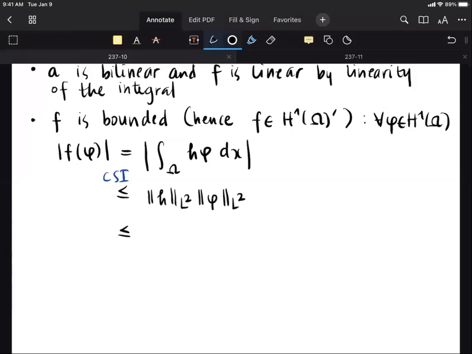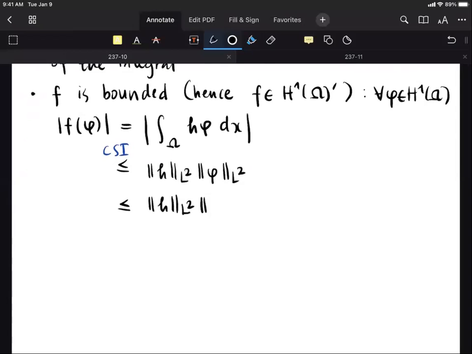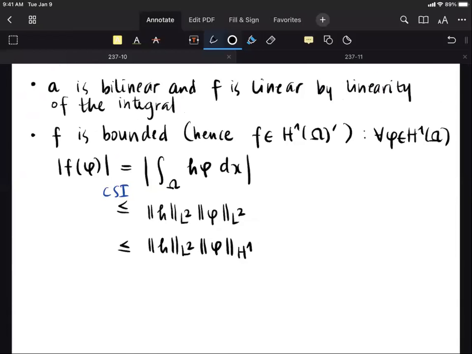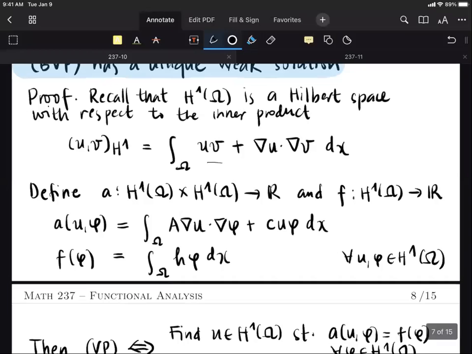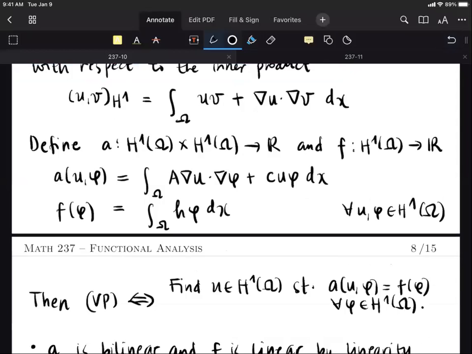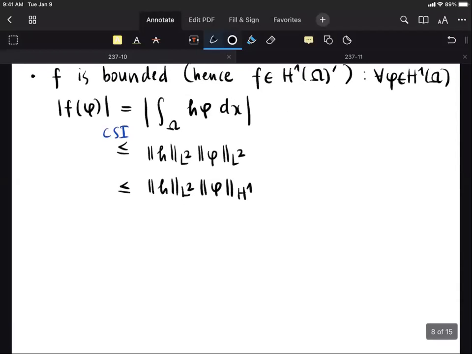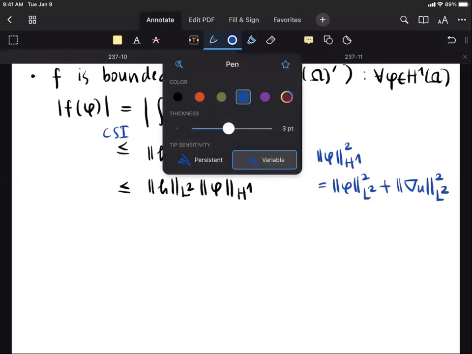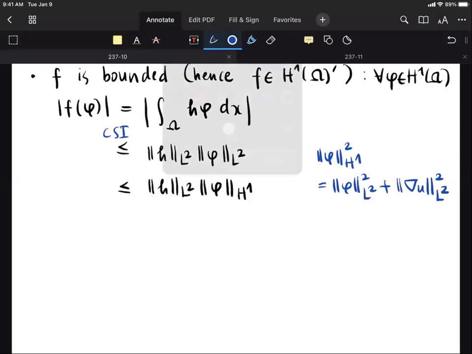Since the L2 norm is bounded above by the H1 norm, take note that the H1 norm squared is the L2 norm squared plus the L2 norm of your gradient squared. So this implies that F is bounded.